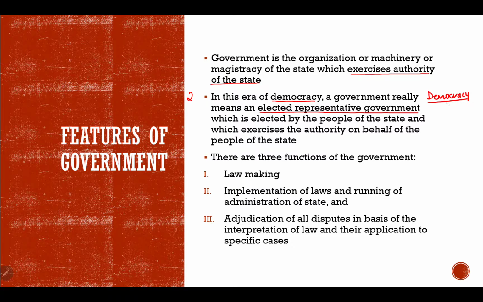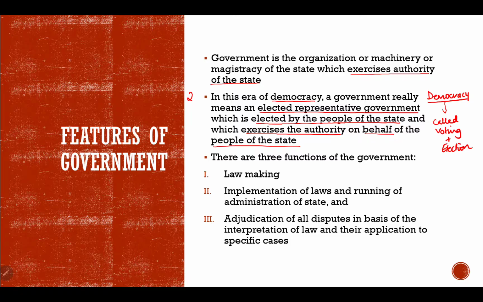So in democracy, one needs to elect our representatives by the mechanism called voting, or election. So government really means an elected representative government, elected by the people of the state, which exercises the authority on behalf of the people of the state.